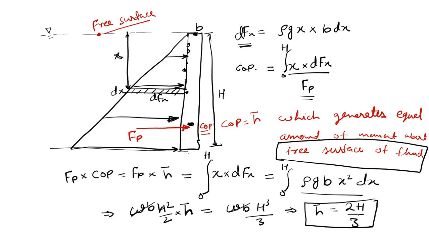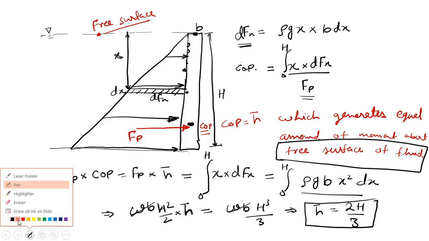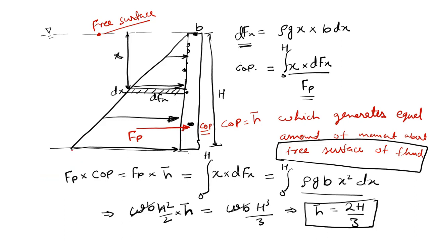What is it? Are you able to guess what 2h upon 3 denotes? It is nothing but the centroid of this triangle, right? If I can draw a pressure diagram and calculate the centroid, then that will be the center of pressure. What is the centroid for this triangle?